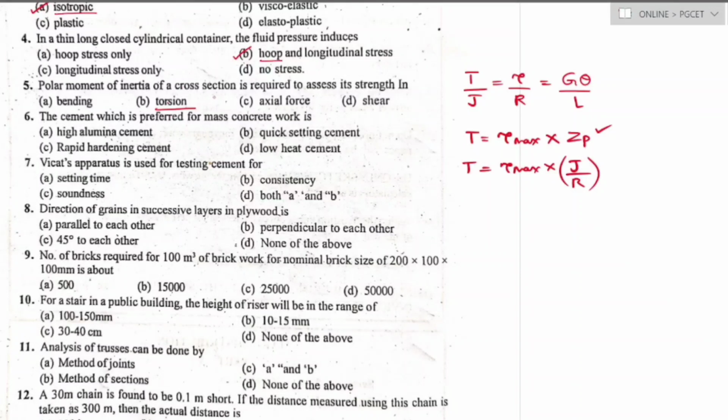Therefore, polar moment of inertia of a cross section assesses its strength in torsion. Option B will be the right answer.